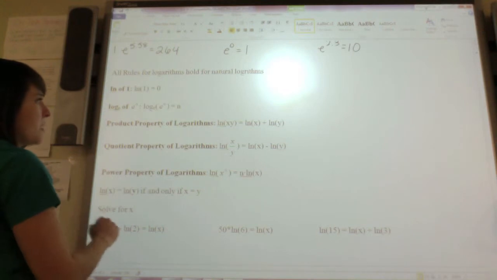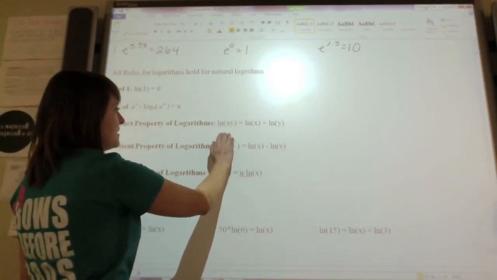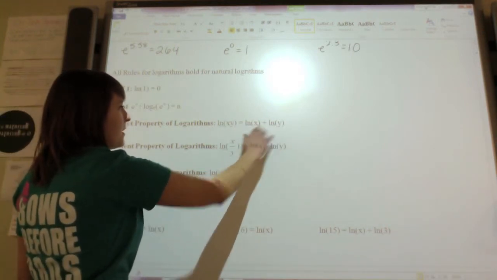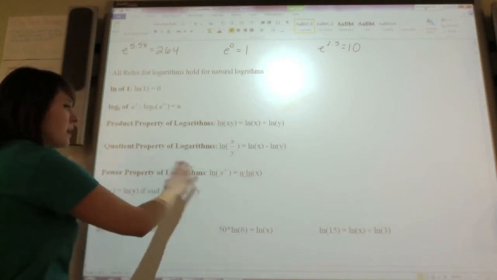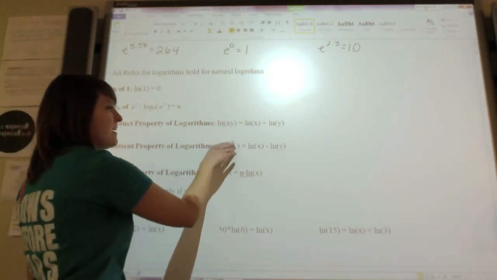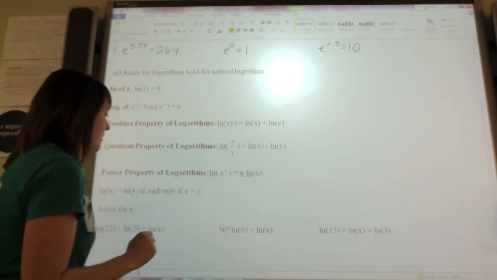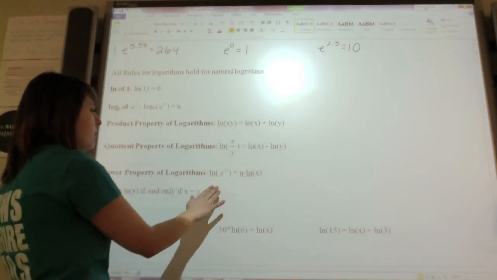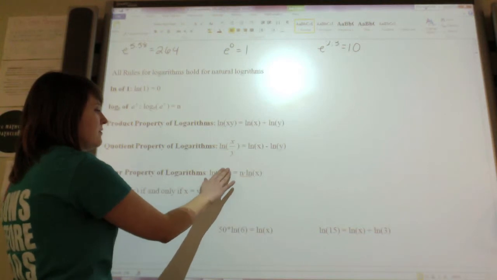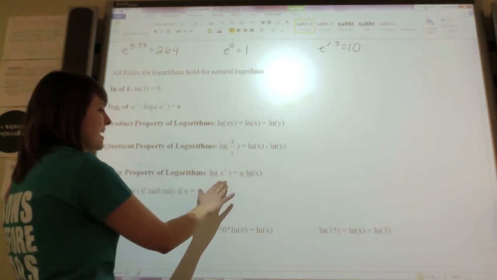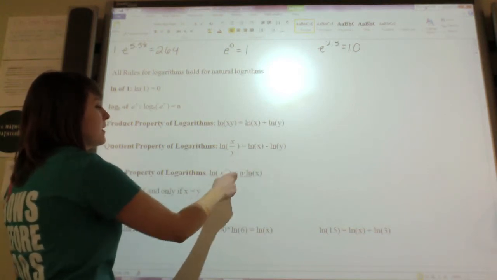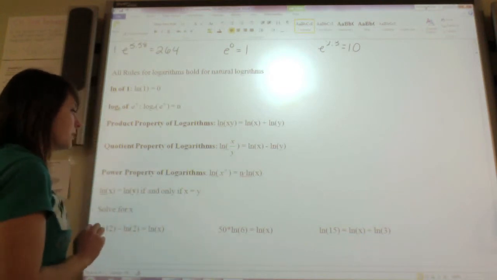We've got our product property, so if I'm multiplying inside of my logarithm, I'm adding my logarithms together. We've got our quotient property. If I'm dividing inside of a logarithm, I can split that up into a subtraction of 2 logarithms. And we've got our power property of logarithms, which says that if I'm taking this logarithm inside to a power, I can move that down into the front and change it into a multiplication.